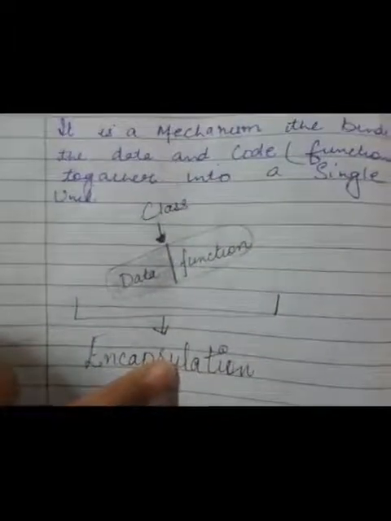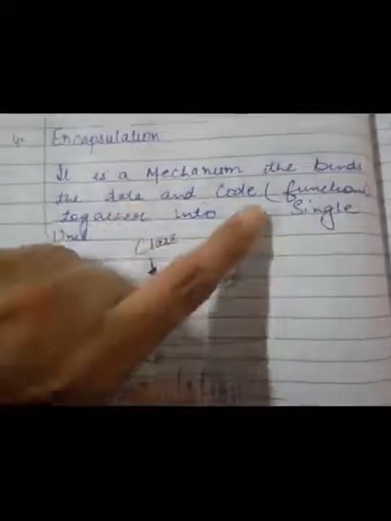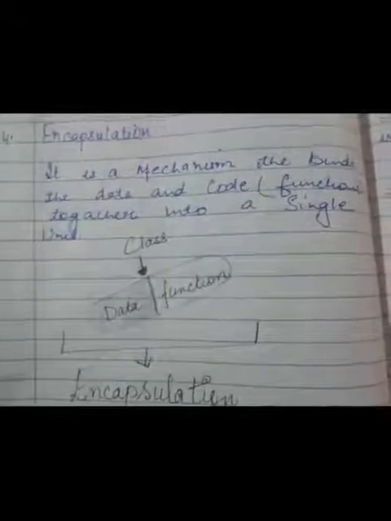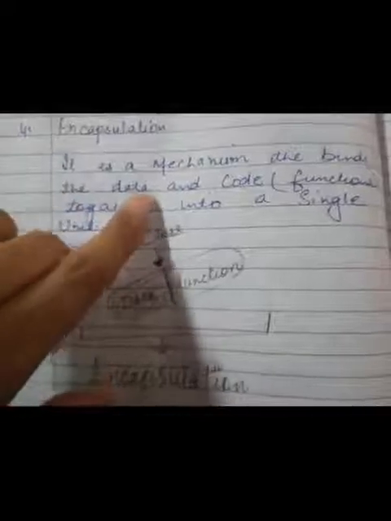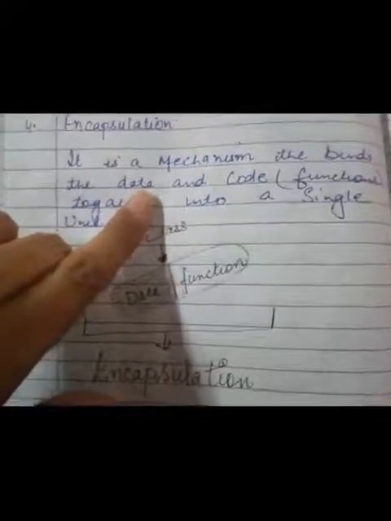This is your unit and this is your class. This process is called encapsulation. Why are we doing this? What is the reason behind binding data and function together? To secure the data from external use, from unauthorized access. So that is why we use encapsulation.